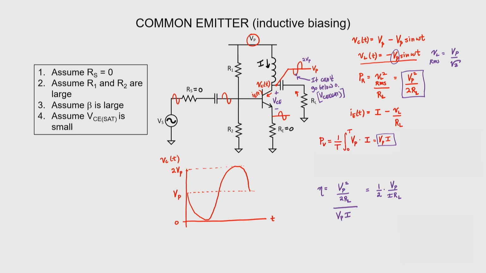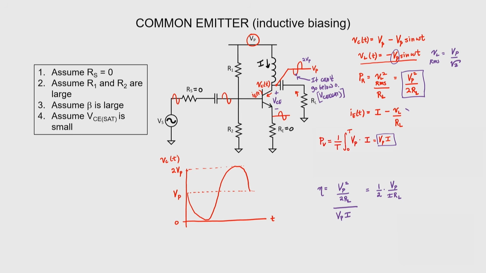In order to find out what current I we need to use, let's return for a moment to our expression for the emitter current as a function of time. We know that this has to be larger than 0 all the time. Our IE min, or our minimum value, is going to be this DC current minus V over RL, and now we can look at our expression for the load voltage and notice that it has an amplitude of Vp.